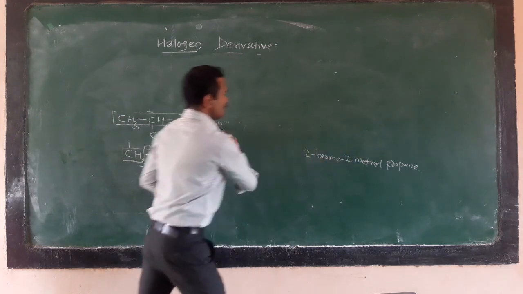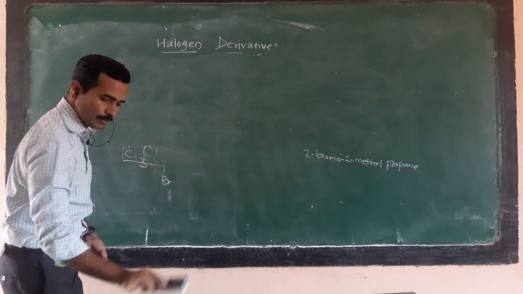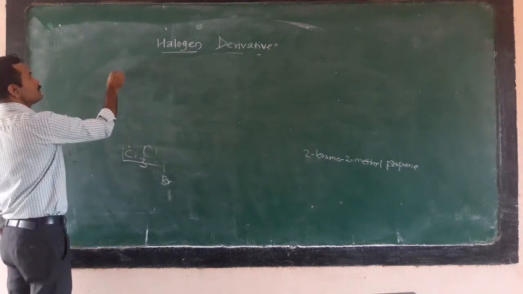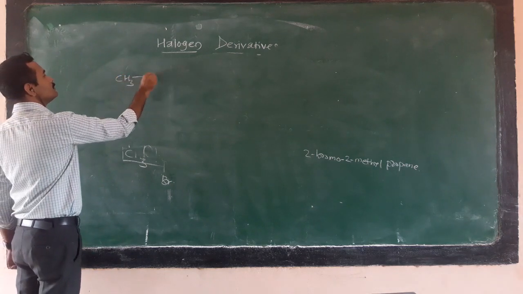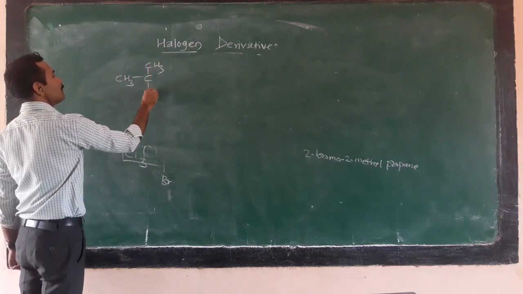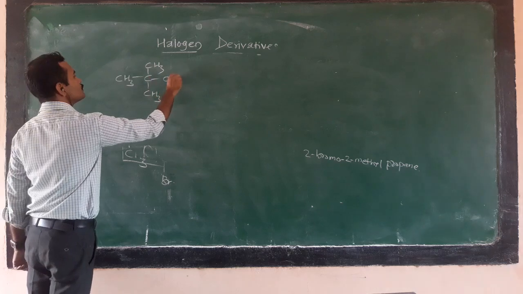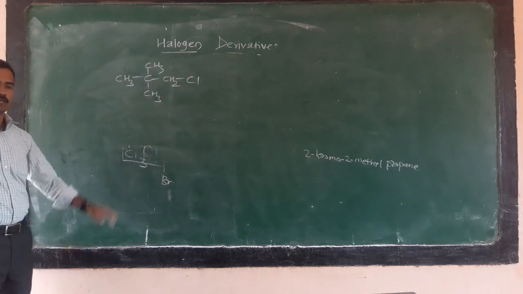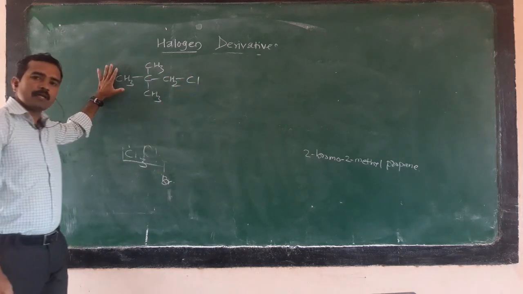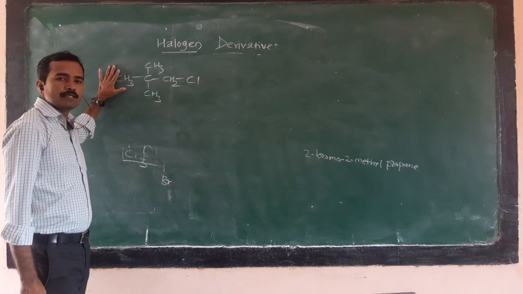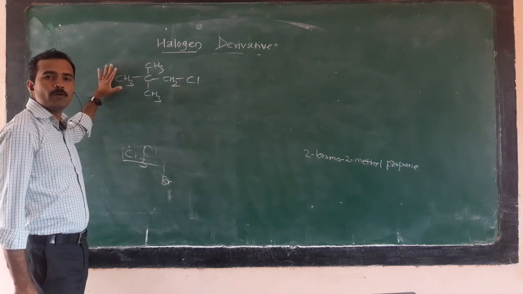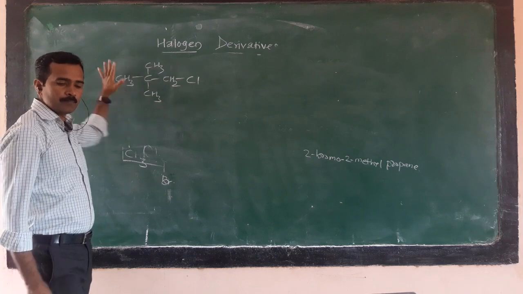Then another example. We take another example for the IUPAC nomenclature system. Suppose CH3, CH3, CH3, CH2, and Cl. In the common system, it is named as neopentyl chloride. Okay.